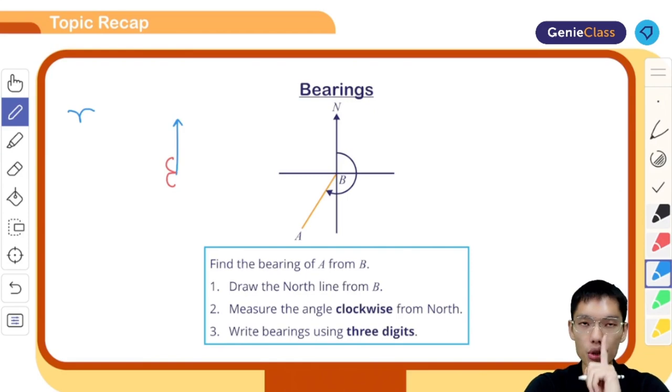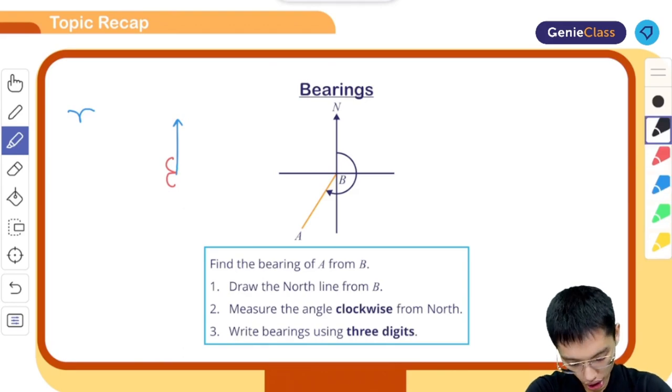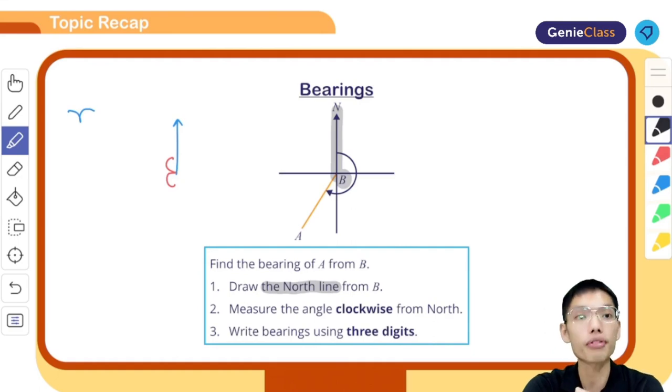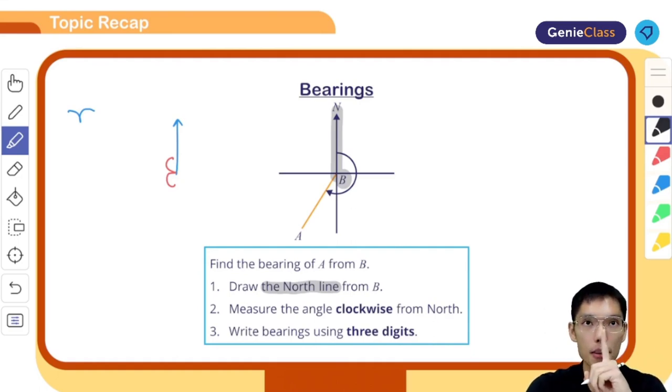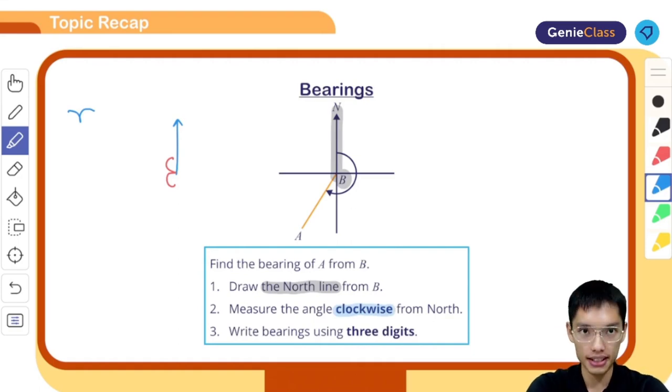So first thing, bearings, always remember, you draw the north line. You draw the north line. From that point, in this case, I'm looking for B. This is my north line. And after that, remember, second important thing, I'm always going clockwise.